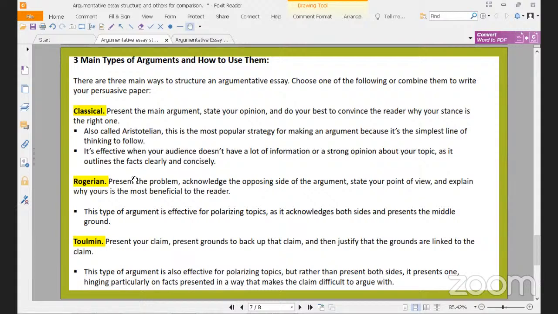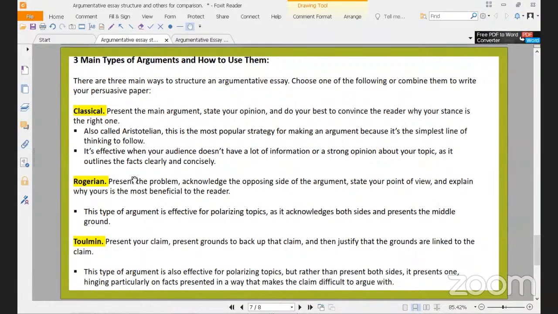Present the main argument, state your opinion, and do your best to convince the reader why your stance is the right one. Also called Aristotelian, this is the most popular strategy for making an argument because it's the simplest line of thinking to follow.